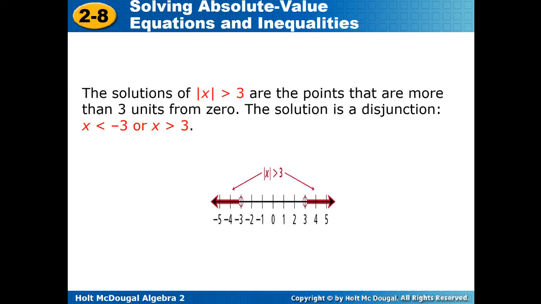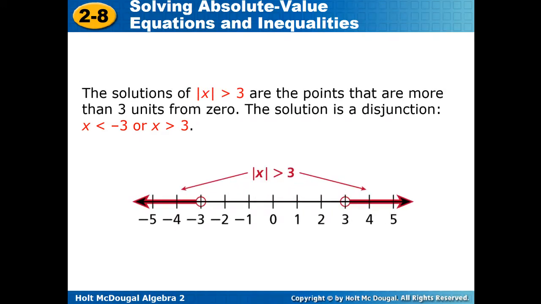All right. And equally confusing at times for students, the solution of absolute value of x is greater than 3 are the points that are more than 3 units from 0. So when it's greater than, it's got to be more than 3 units from 0. So here's our 0.